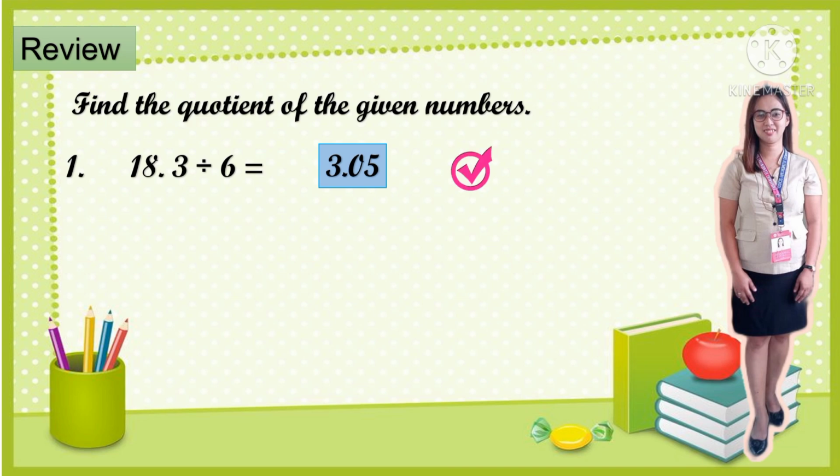Your answer is correct. Number 2, 71 and 28/100 divided by 54 is equals to 1 and 32/100.